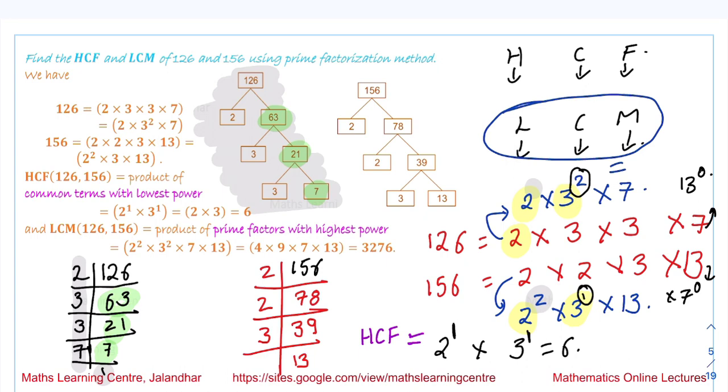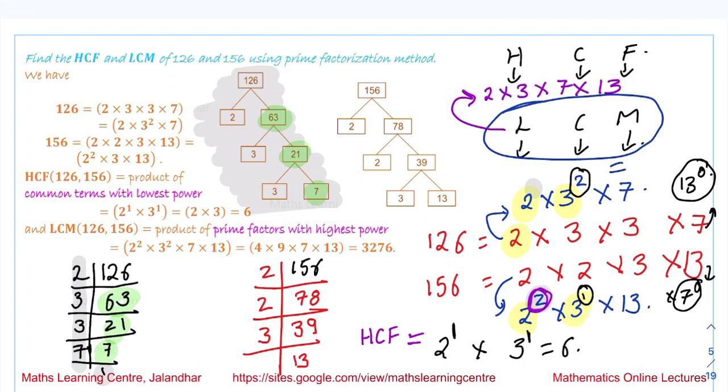So when we are talking about the lowest power, the lowest power of 13 is 0, the lowest power of 7 is 0. When we are talking about the LCM, the prime factors we have are 2, 3, 7 and 13. And what are the highest powers?